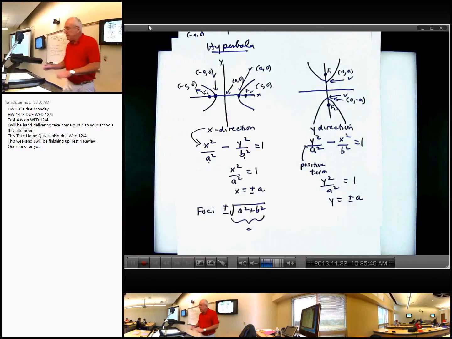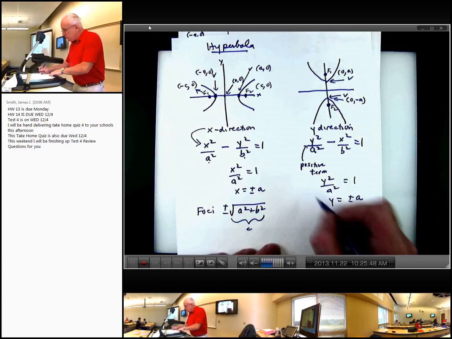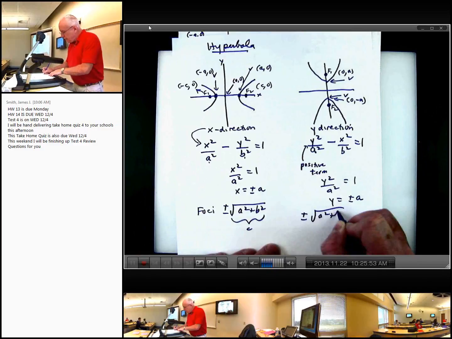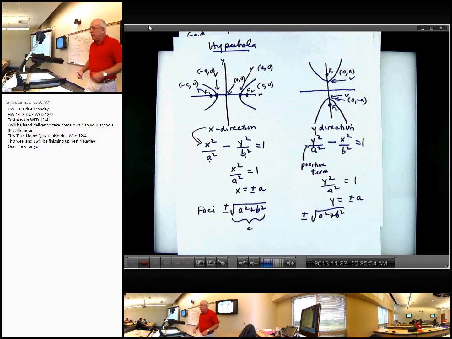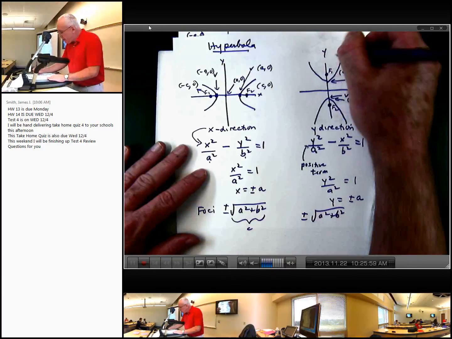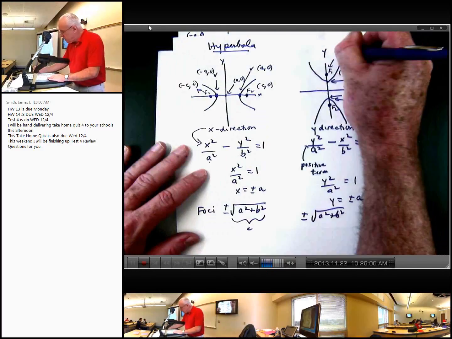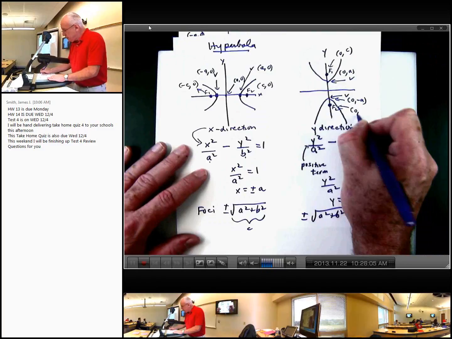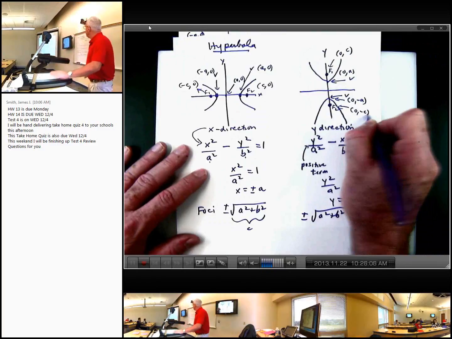And the same thing here: the foci are plus or minus the square root of a squared plus b squared, except this time it's along the y-axis. So our x value is going to be 0, and our y value is going to be C, and the other has x value 0 and y value -C.